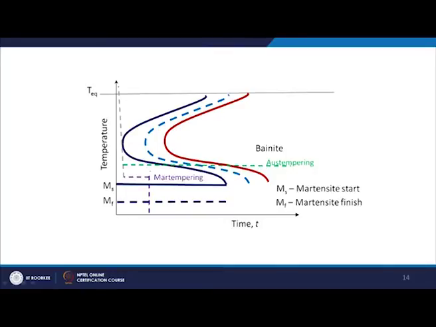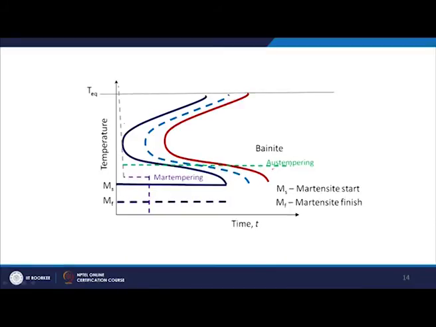We give enough time for the temperature to stabilize and become uniform throughout the product, and then you do the quenching to get the martensite. Similarly, for Oss tempering, I skip the nose, cool up to this point, and then hold isothermally to get bainite. This is what we call Oss tempering. You can see that we are just skipping the nose.